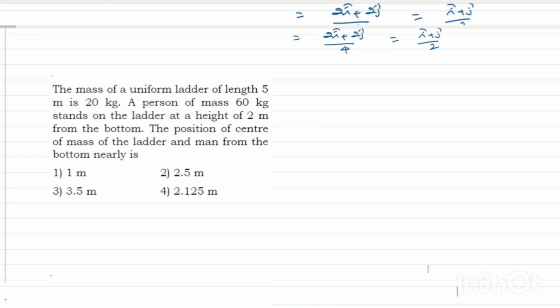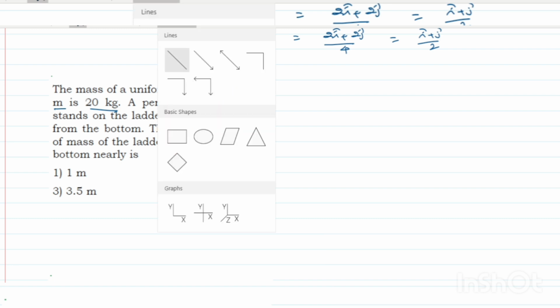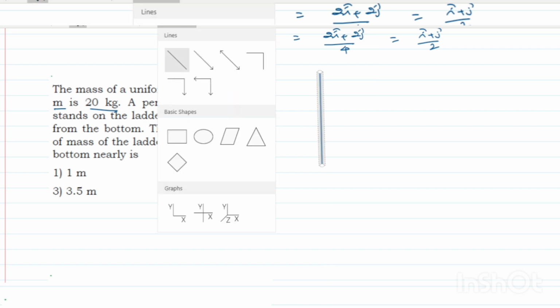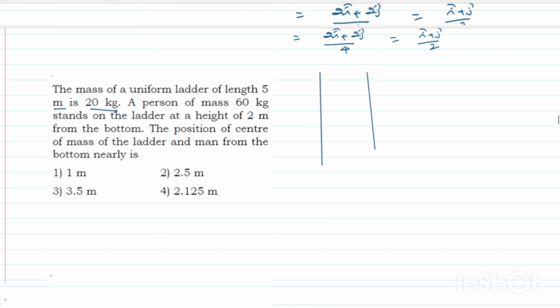Let us see the next question, students. The mass of the uniform ladder of length 5 meter is 20 kg. This is a uniform ladder.